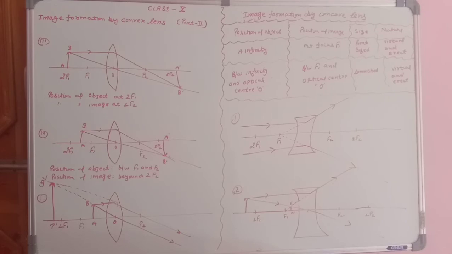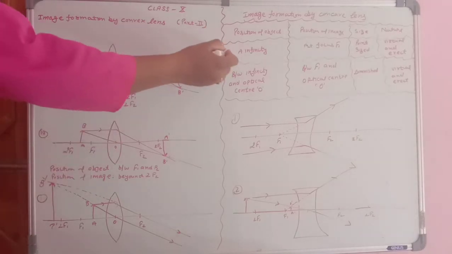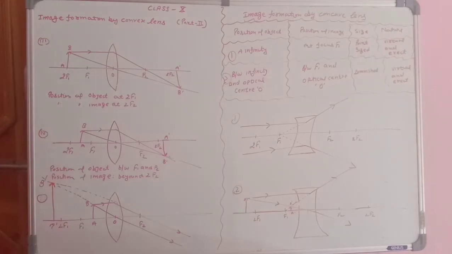I hope you are clear that convex lens is a converging lens, but concave lens is a diverging lens. That's why in diverging lens there are not 6 ray diagrams, there are only 2 ray diagrams. First ray diagram is this one, and this is your second ray diagram.